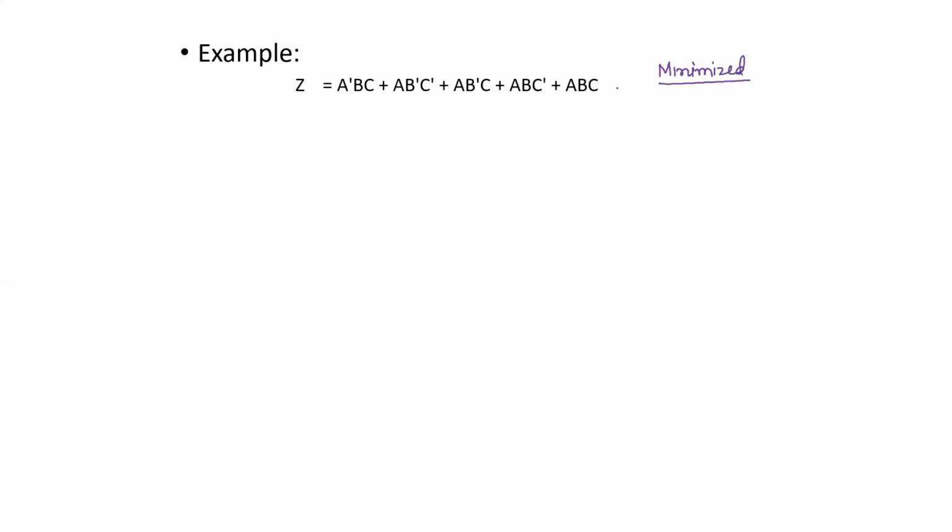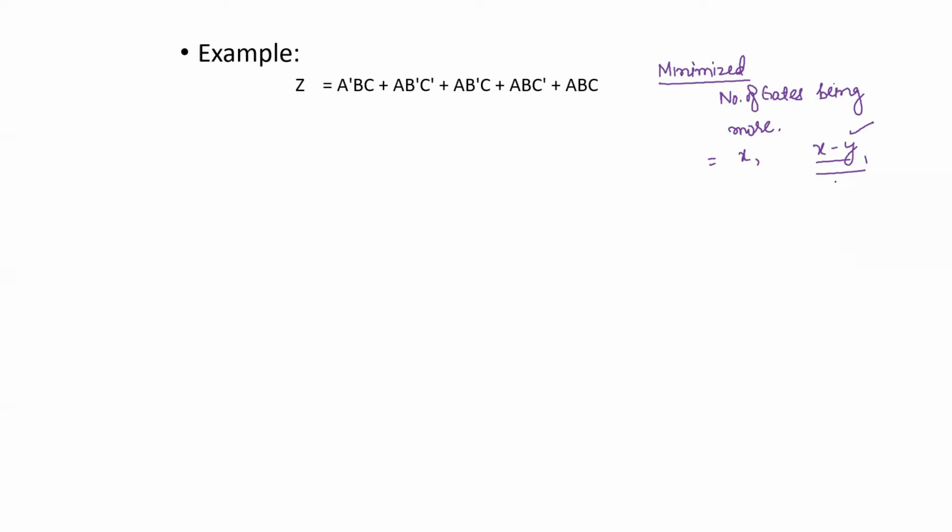If it is not minimized, I might end up with a number of gates. If you require x number of gates, and using minimization you get x minus y gates, then we always go for this kind of minimization technique. So that's about Boolean algebra: some expression is given and we try to minimize it.